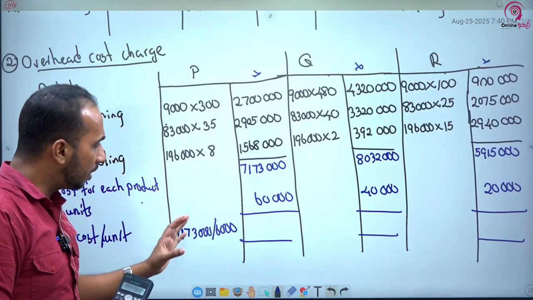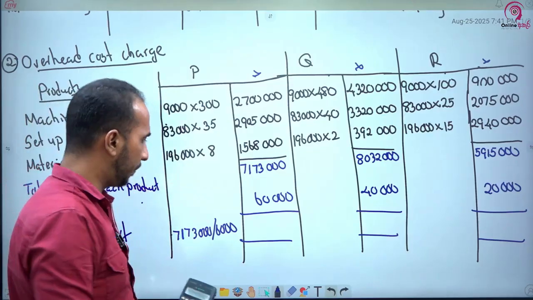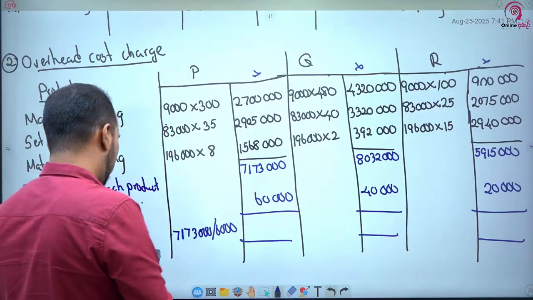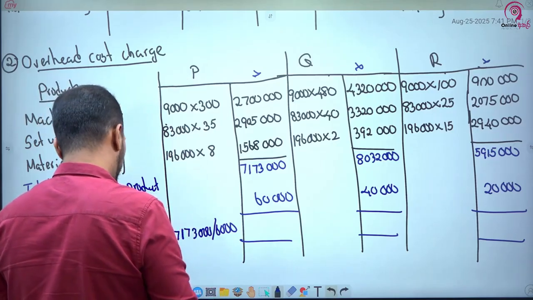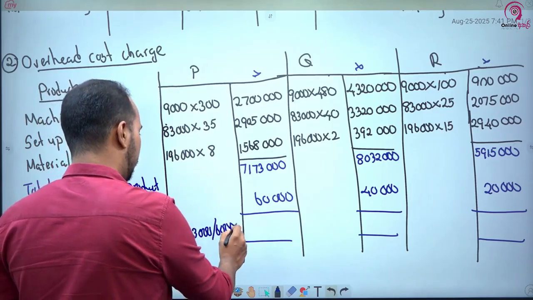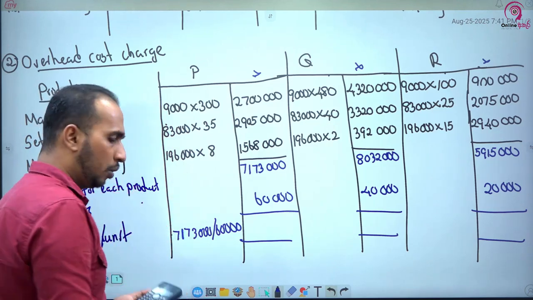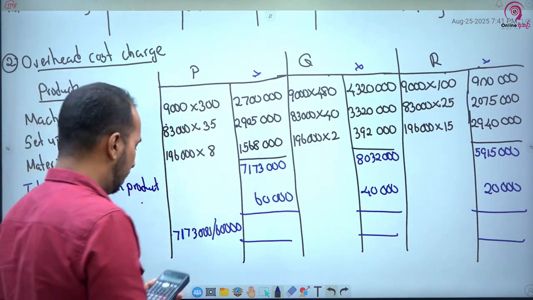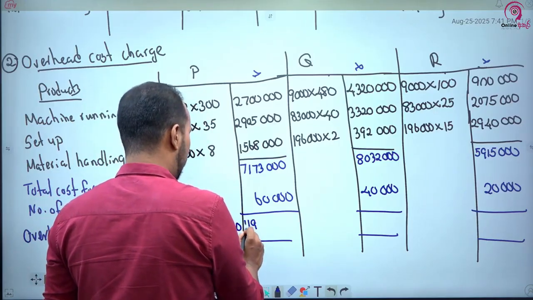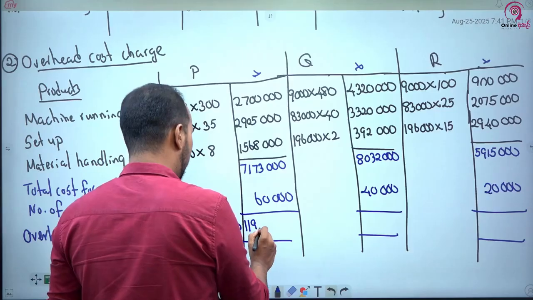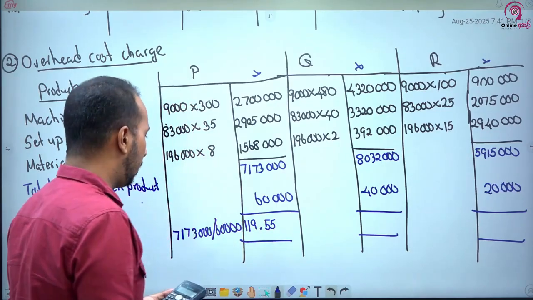I am doing these computations so that you can understand each and every step. 7,173,000 is the total overhead cost charged to product P. That is for 60,000 units. So divided by 60,000, my per unit cost is 119 rupees and 55 cents.